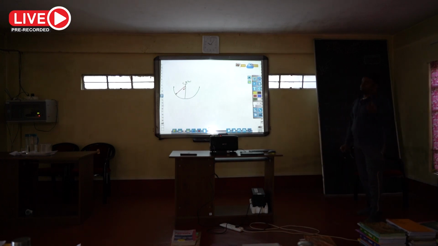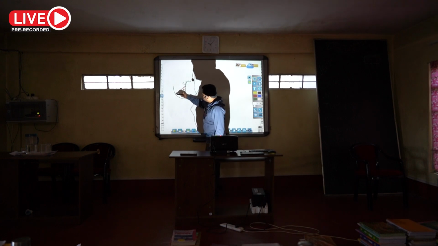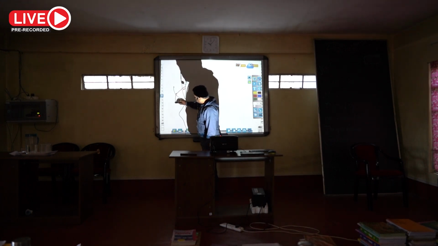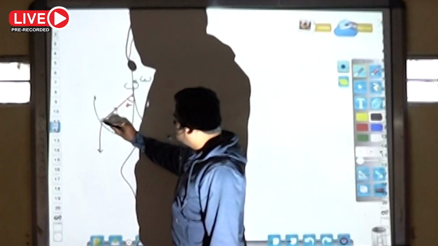Now first we want to draw the forces acting on the ball in this condition. First force is of course mg acting down. Second one is a normal reaction force N along this direction.